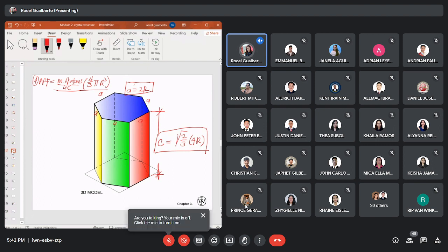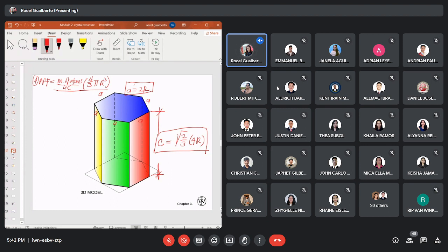Kanina, okay, dun sa nauna pong tatlo, for the volume of the unit cell, we use simply A cube. Okay? Dito, hindi na po natin pwedeng gamitin yung A cube. Bakit? The unit cell is no longer a cube, but it is a hexagonal prism. Okay? Kaya hindi po natin pwedeng gamitin dito ang A cube.